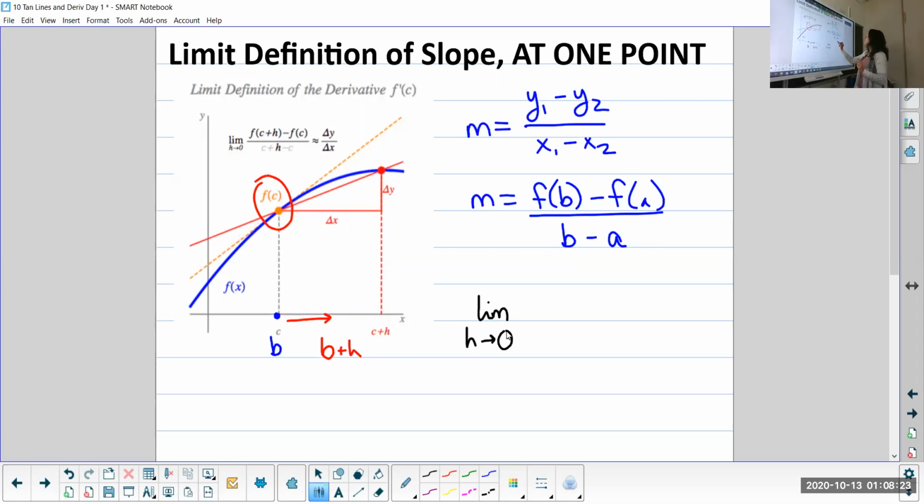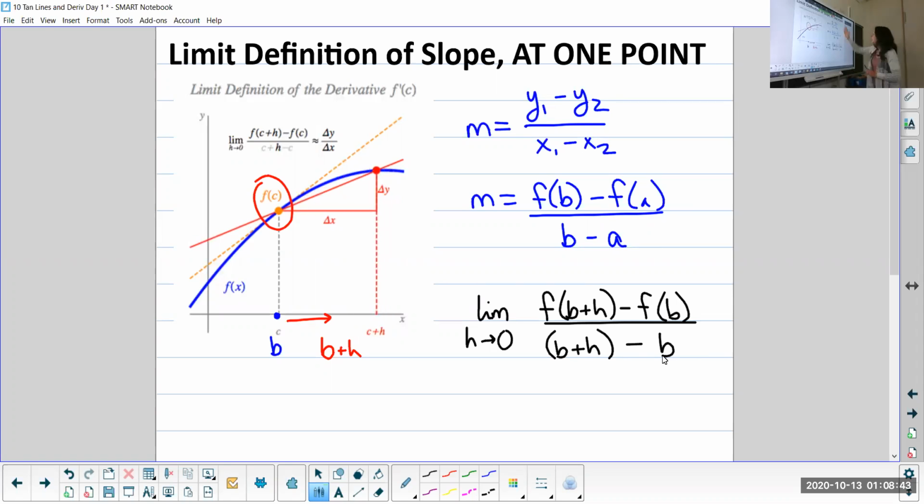And we rewrite this as f of b plus h minus f of b all over b plus h minus b. You see how it's still falling in line with the slope formulas above? This time it's a limit though, because we are limiting the distance between the 2 points to 0. In other words, we're taking those 2 points and we're shrinking them down to 1.